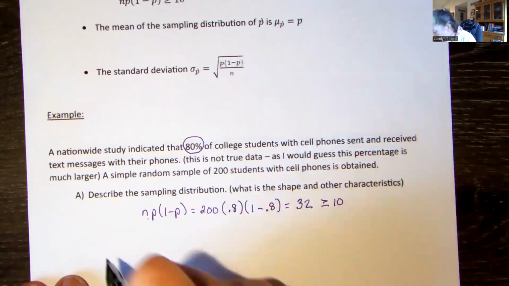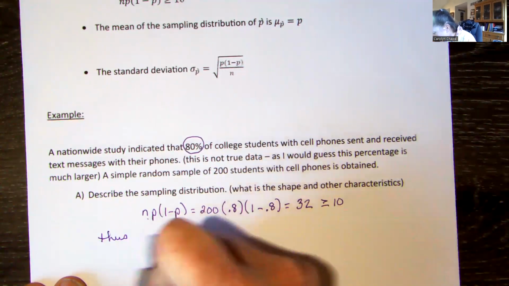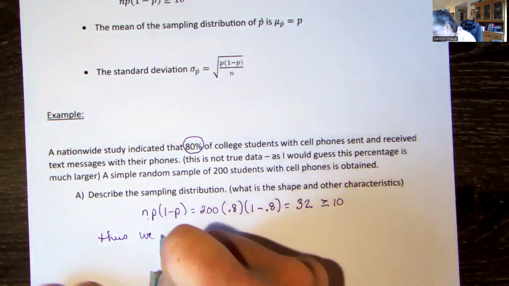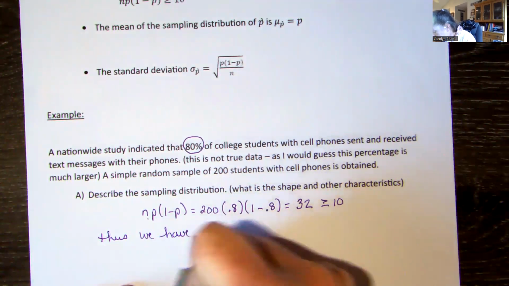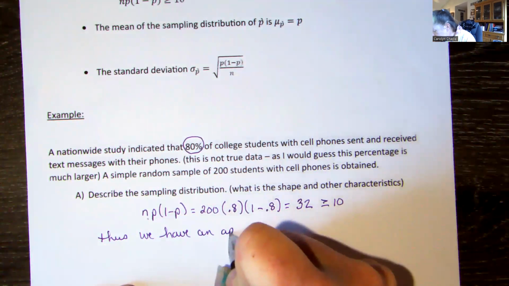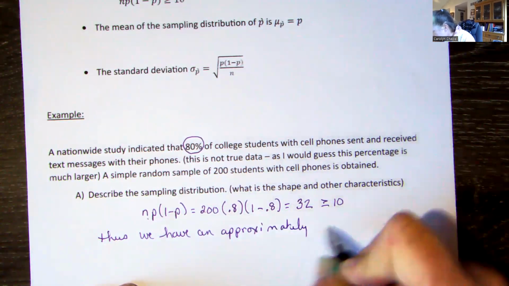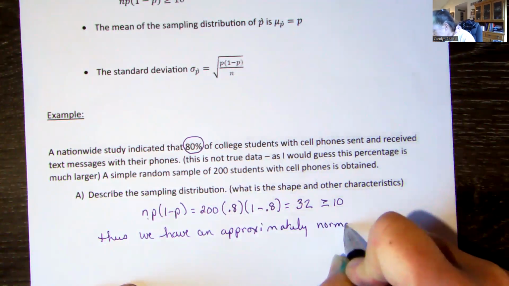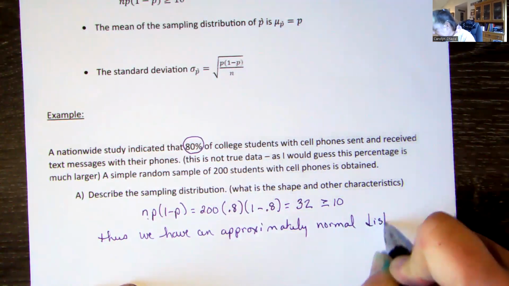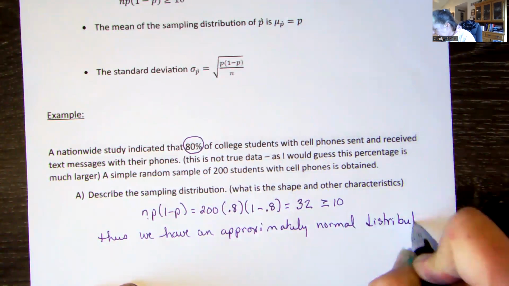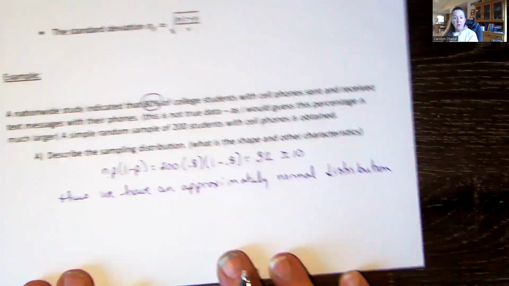So therefore, we have an approximately normal distribution, which means we can use the normal curve.